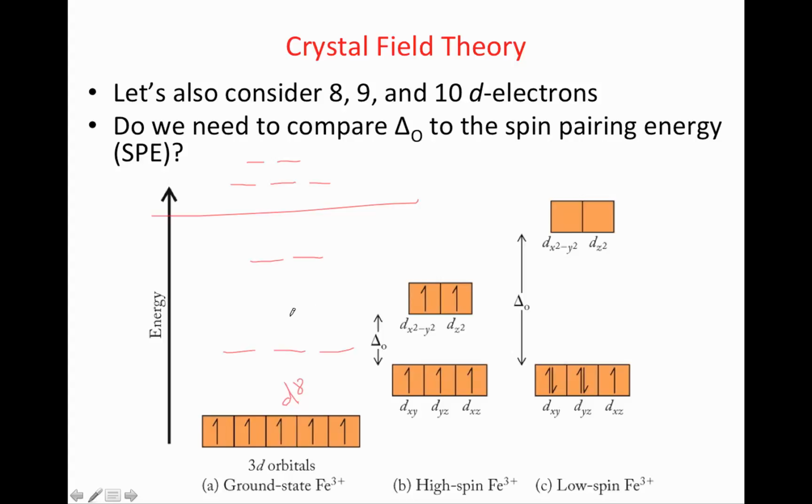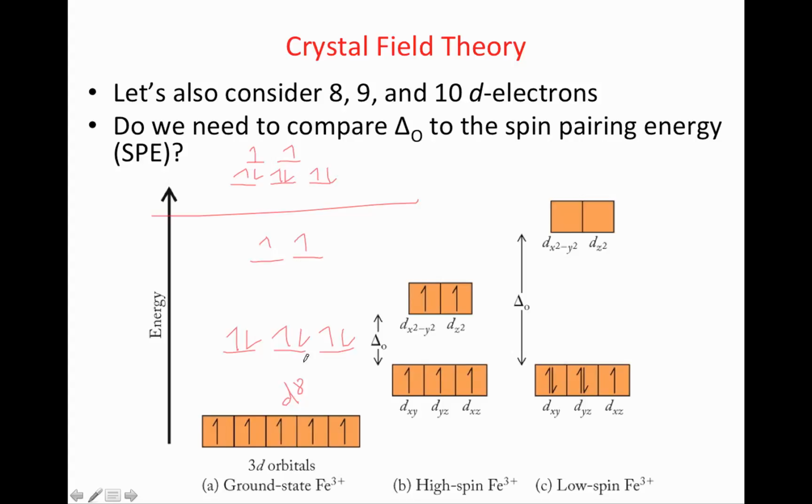Okay, so my delta O value is large. 1, 2, 3, 4, 5, 6, 7, 8. Here I have 1, 2, 3, 4, 5, 6, 7, 8. We notice that we have the same electron configuration.